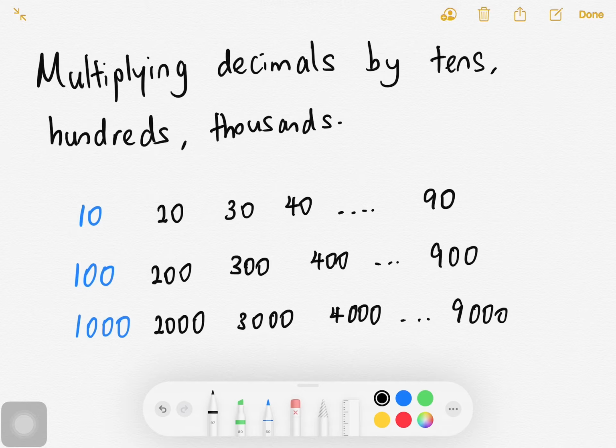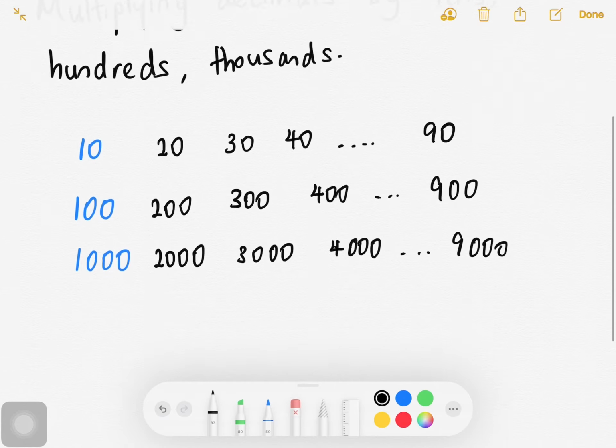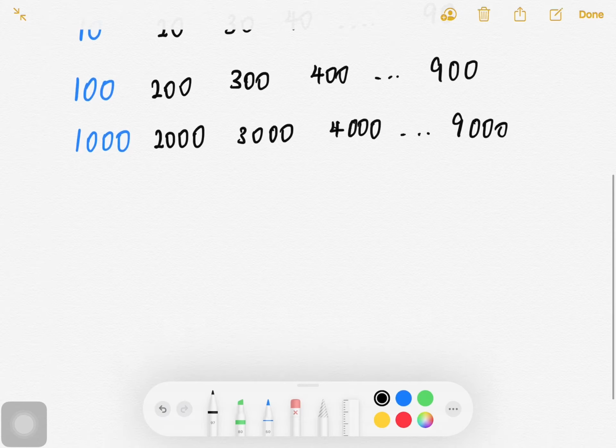Just do a quick recall. For whole numbers, let's just use a simple example. Let's say I have 123 and I want to multiply by 20. I think you all learned this in P3. So how am I going to do that?